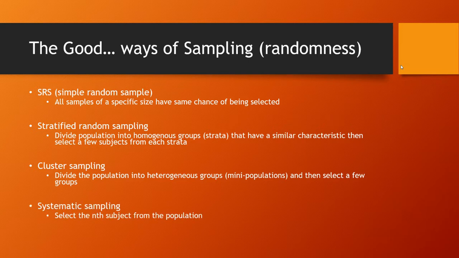The last way is systematic sampling. Now, systematic sampling is where I would select every nth subject from a population. And my favorite example for this is, say an airline wants to survey their customers. Well, an airline is not going to send a survey to every single one of their customers. They get too many customers. So they're going to maybe randomly select an airport, okay? And then they're going to randomly select a day.